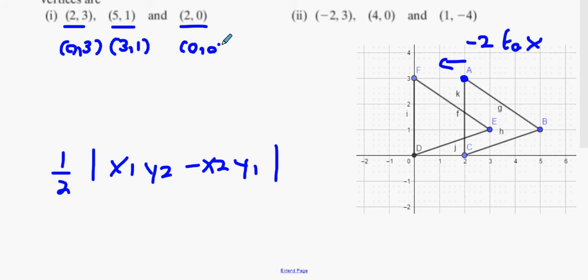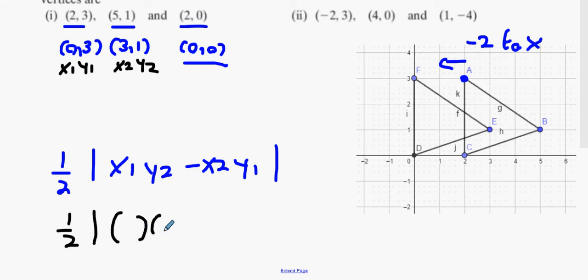Now, here's the deal. This equation only works when one of your points is 0, 0. Which means you're going to call this one x1, y1 and the other one x2, y2. It doesn't matter which way you put it. So here's what we're going to do now. It's going to be a half, blank times blank minus blank times blank.